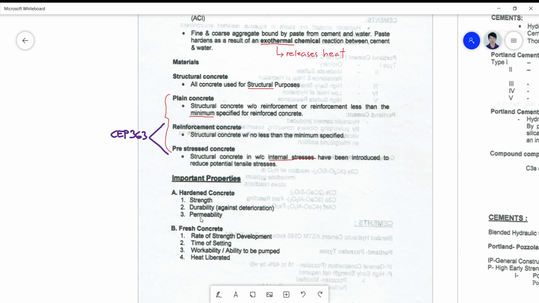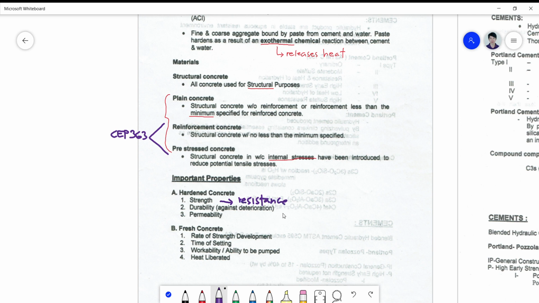These three properties are related very much with one another in terms of their degree of influence on the concrete material. So for strength, we simply focus on the resistance. When you're talking of strength, you're talking of how the concrete material resists.